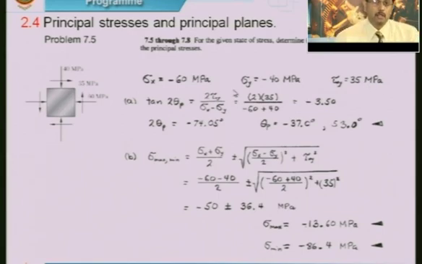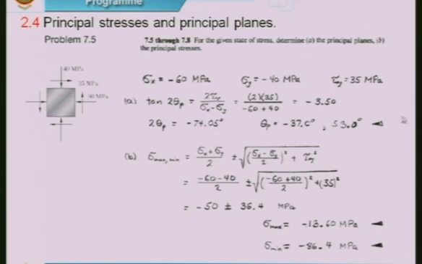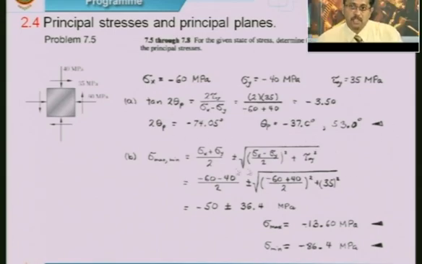which is given by 35 megapascal. Using the equation for the principal planes, we get minus 37.6 degrees and 53 degrees. To find the maximum principal stress and minimum principal stress, we use this equation. Sigma x is negative because it is compressive, minus 60 is substituted.